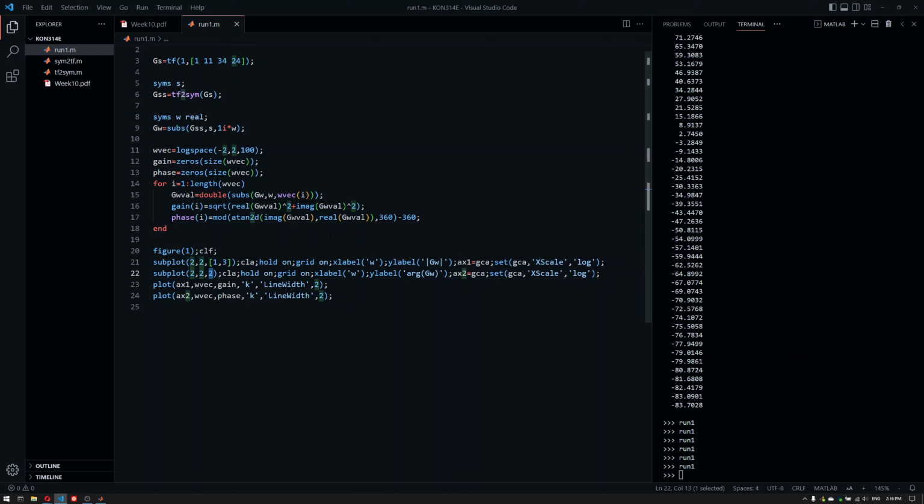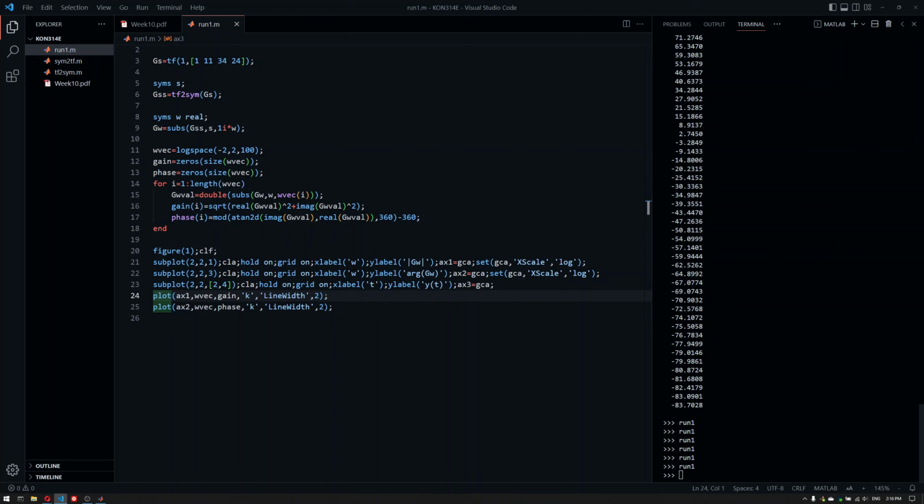Actually, we need 1 here and 3 here, and 2 and 4 maybe should be a grid on its own. So there was something like this as far as I remember. And I'm just going to plot the step response here, hopefully. So let me just run it like this to first check if I positioned it correctly.